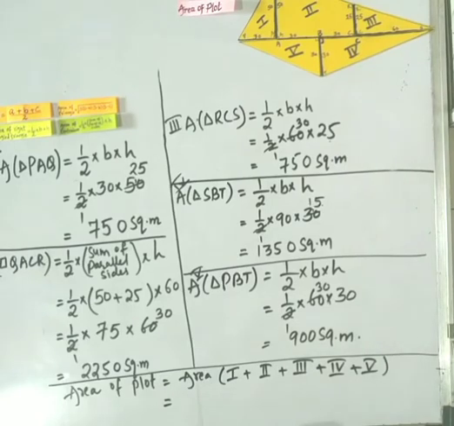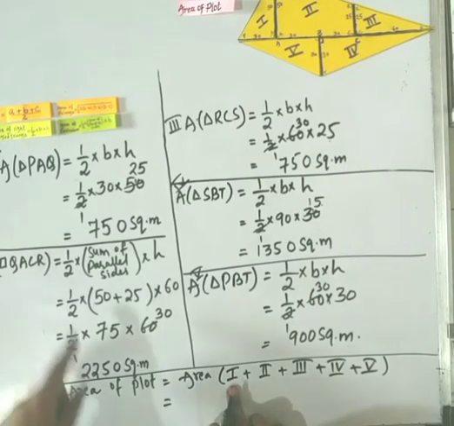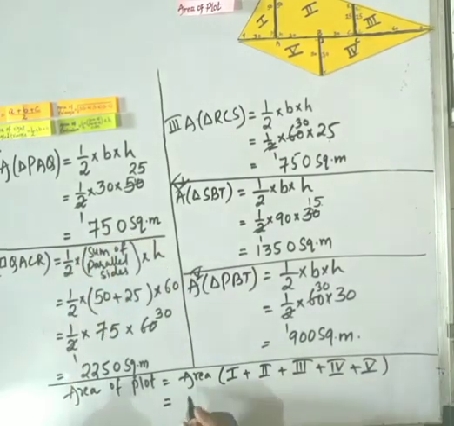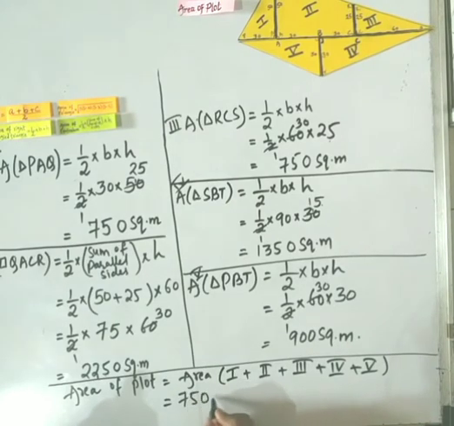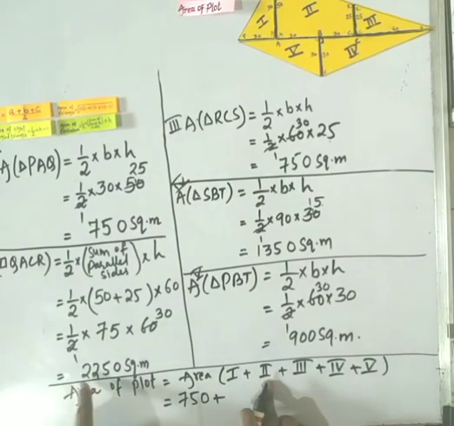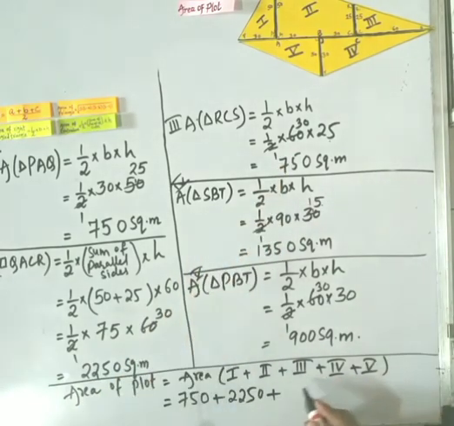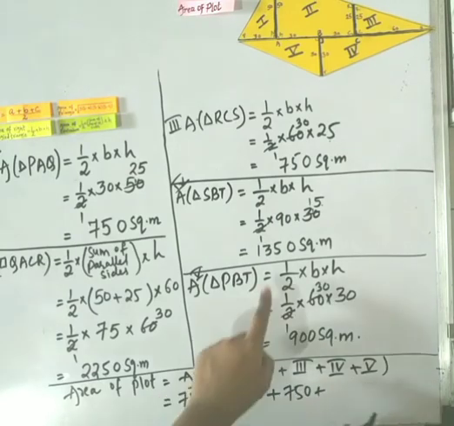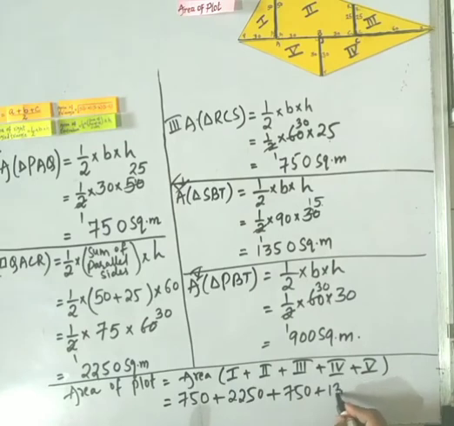Okay, let's put value of all the parts. Part 1 area is 750, so I will write 750 here, plus part 2 value is 2250, plus part 3 is again 750, plus part 4 is 1350, plus part 5 is 900.